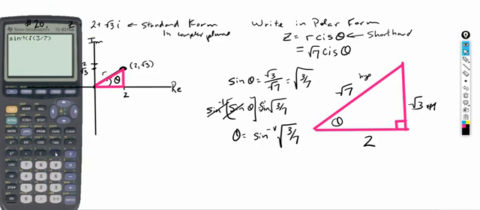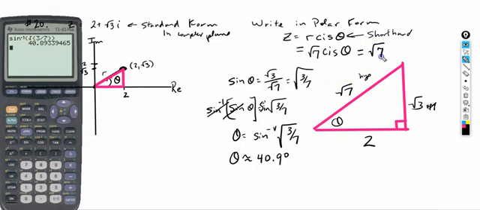Close parentheses for square root, close parentheses for inverse sine. Now angles, if we're not told how much to round them to, we generally take them to 1 decimal place. So that's 40.9 degrees. And now I can complete this.